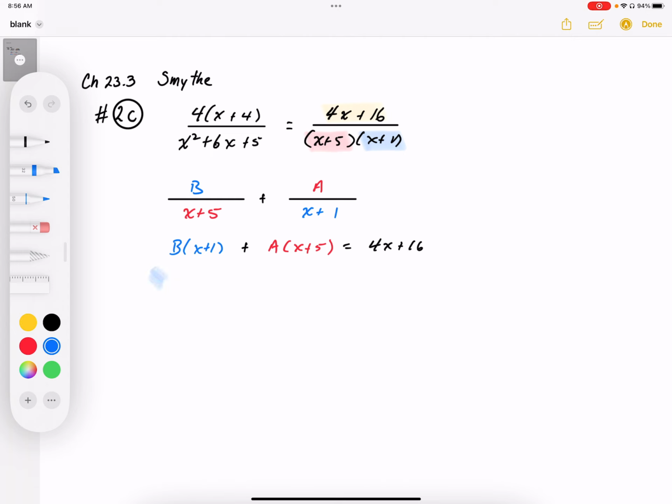So bx, I get bx plus ax plus my b times 1 gives me b plus a times 5 gives me 5a.